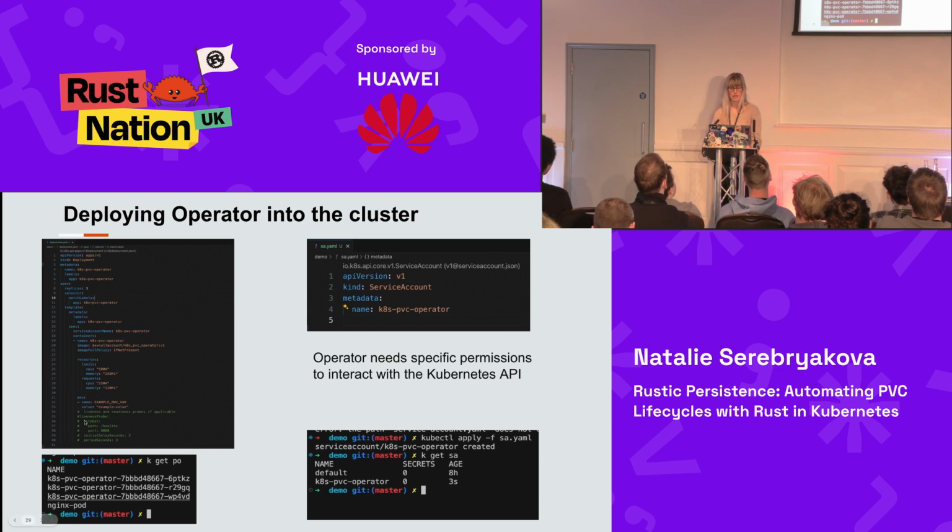You can customize it in any way possible. Once I run kubectl apply for this resource, or if you go into production, CI should do it for you, you will get my PVCs and my pods created.